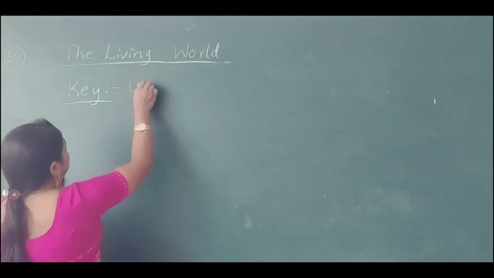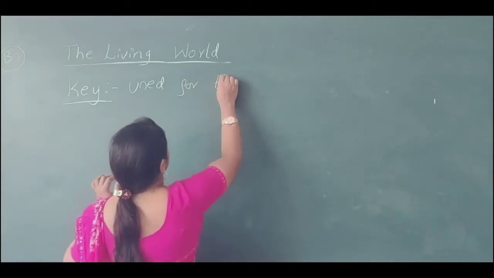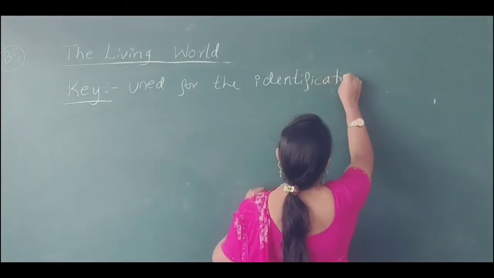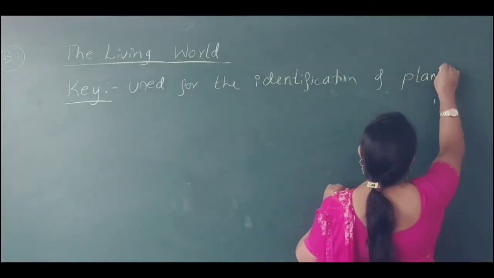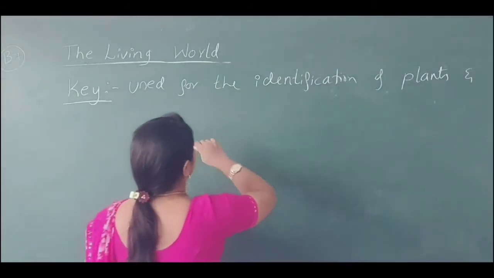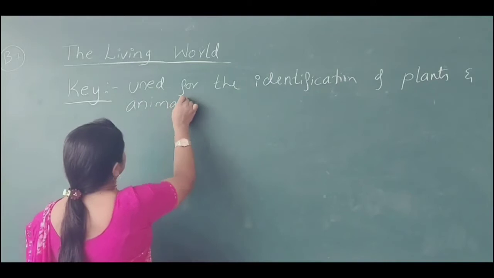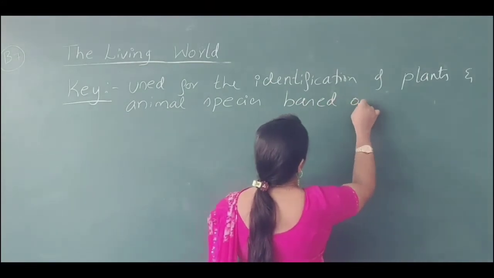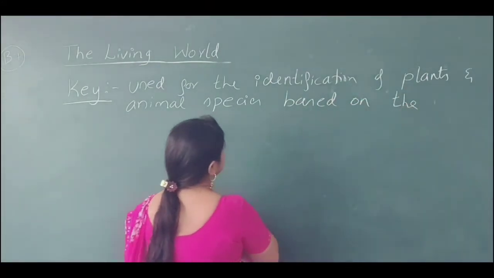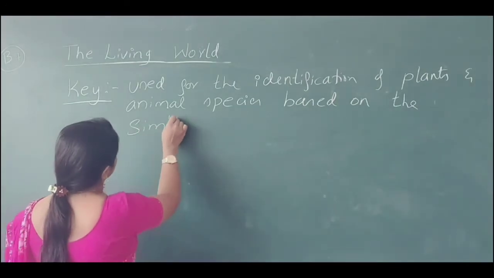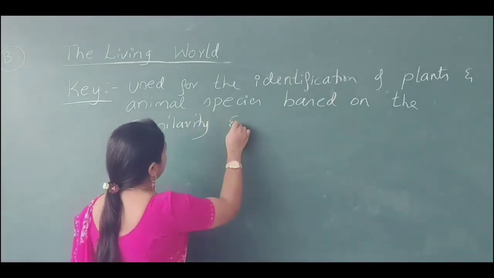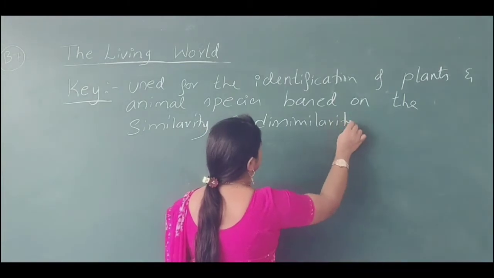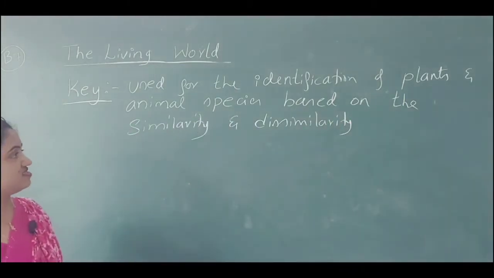Key is used for the identification of plant and animal species based on the similarity and dissimilarity. Based on the similarity and dissimilarity.